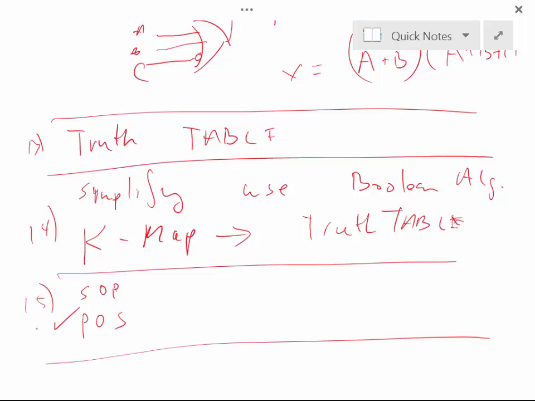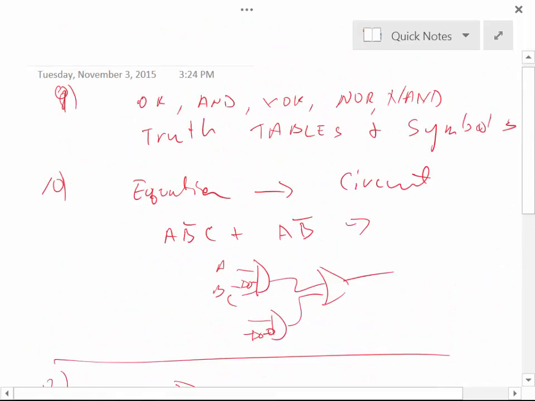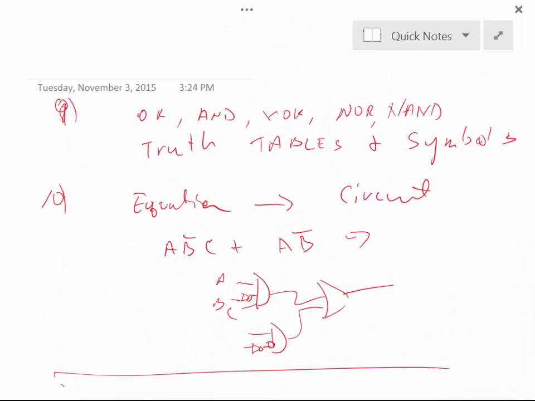Give me the truth table for the following circuit. Give me the truth table for the following equation. Draw the circuit for the following equation. The questions are very easy to write.